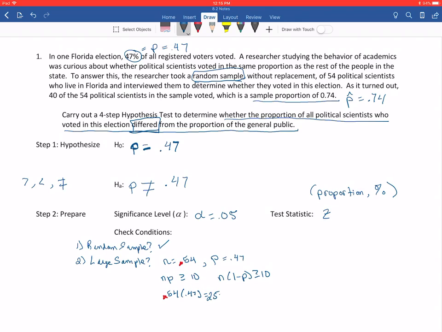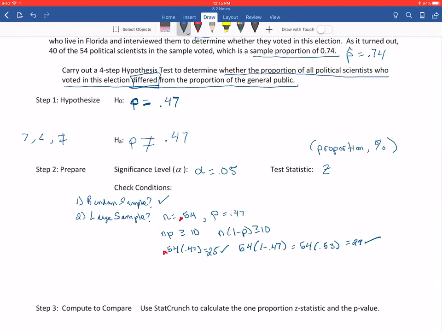Okay, so is this greater than or equal to 10? It's actually 25, so that works. And is 54 times 1 minus 0.47 greater than or equal to 10? Well, that's 54 times 0.53, which comes out as 29. So that's greater than or equal to 10. So he would have expected 25 people to say yes and 29 people to say no. So bigger than 10 each, so we're good there.